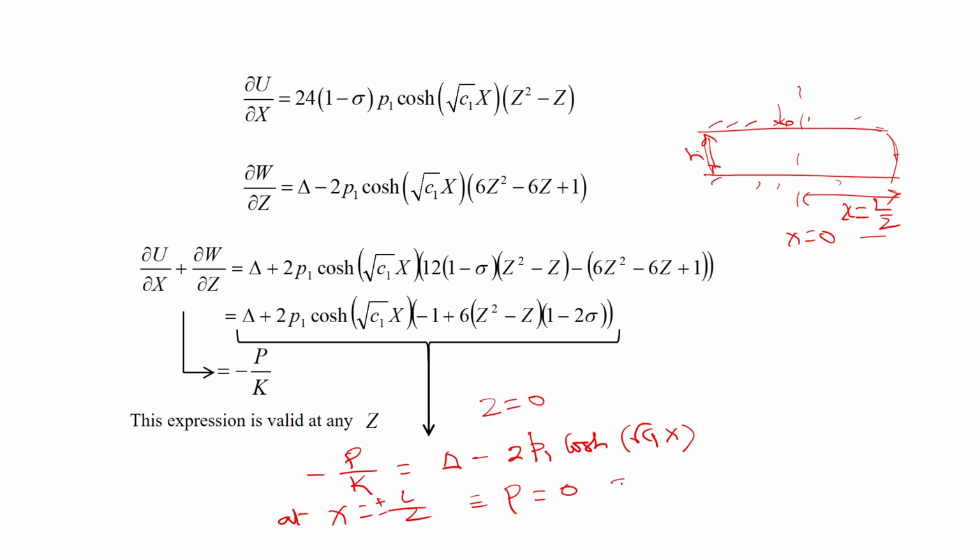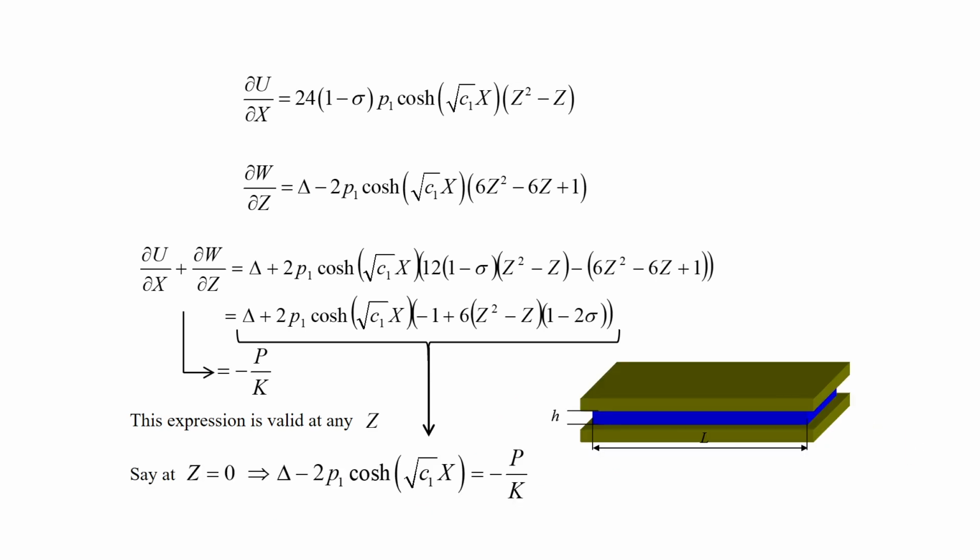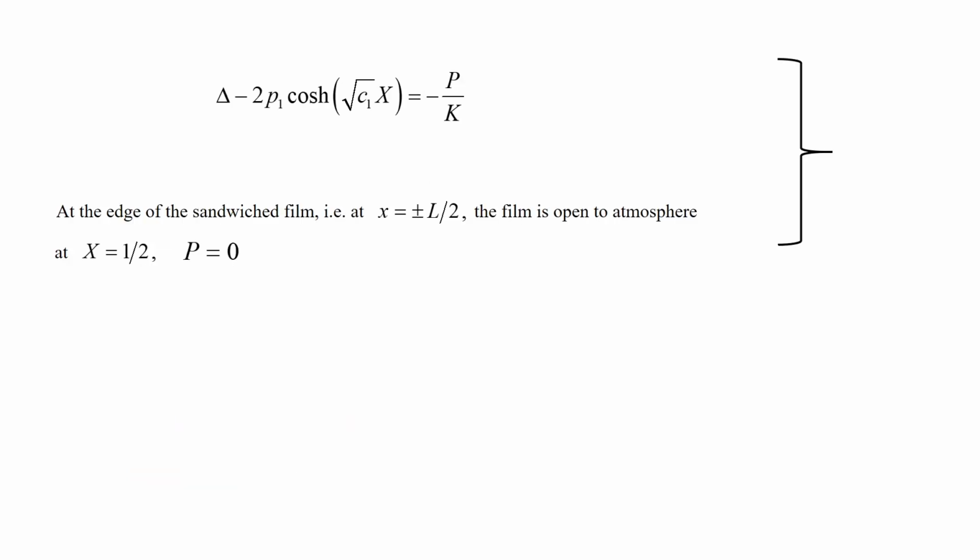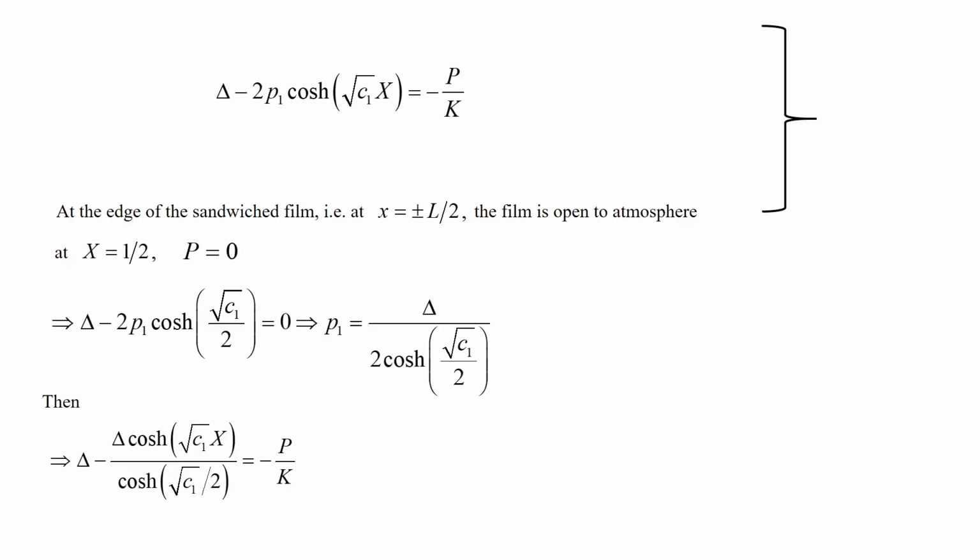Therefore, here I can write delta is equal to 2 p1 times cosh of square root of c1 into L by 2. So, I get an expression for p1 that way. So, delta minus 2 p1 cosh is 0. Therefore, p1 will come out to be delta by 2 cosh of square root of c1 by 2.